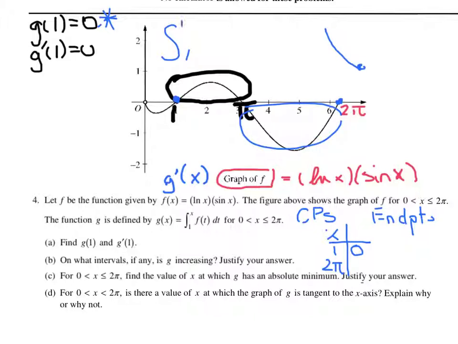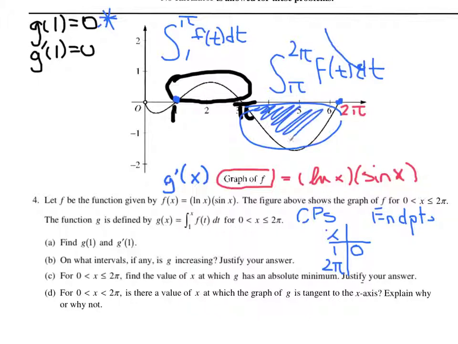So when I compare the integral from 1 to pi of f of t, and the integral from pi to 2 pi of f of t dt, we notice that the second area is greater than the first portion. Since it's a negative value, the value would be more negative. So by comparing areas, I can say that 2 pi has the absolute minimum.